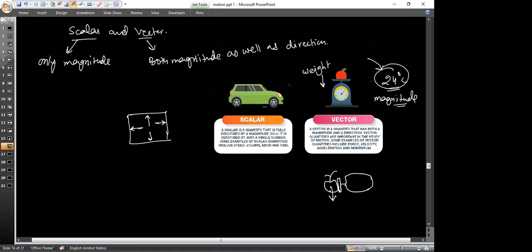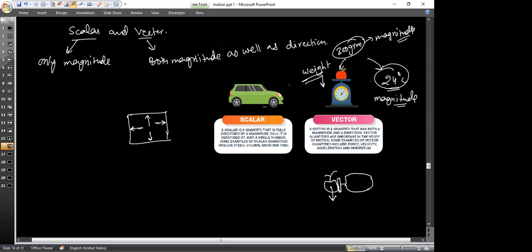It has a particular direction. If you find this apple is 100 grams or 300 grams, then 300 grams is the magnitude of this apple, but the weight is a force which is acting downward.